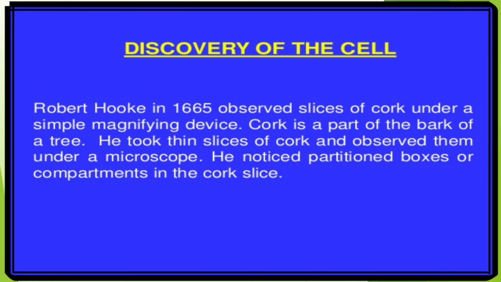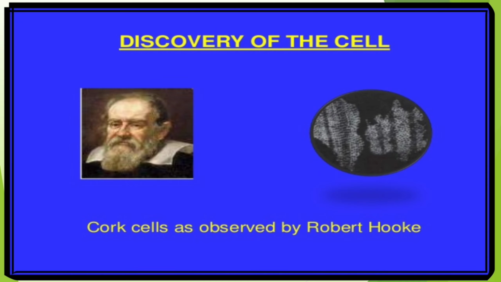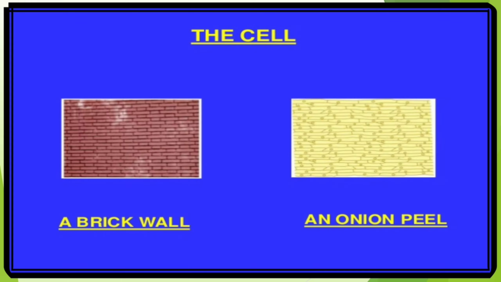Cell is a very basic unit that we cannot see with our naked eye. So if you want to see it, you have to use a microscope. In the microscope, he saw the slides of cork, and this is the scientist Robert Hooke. He first introduced the basic term for the unit of our body, our organism, which is the cell.